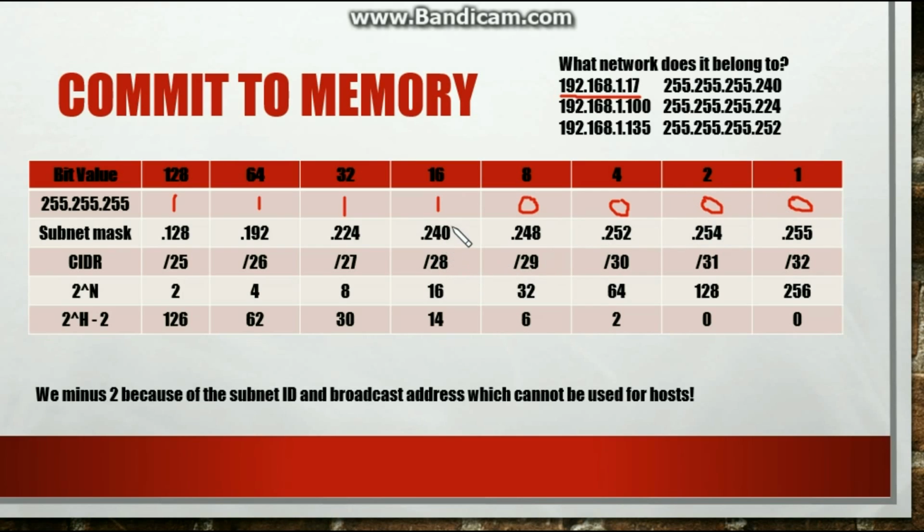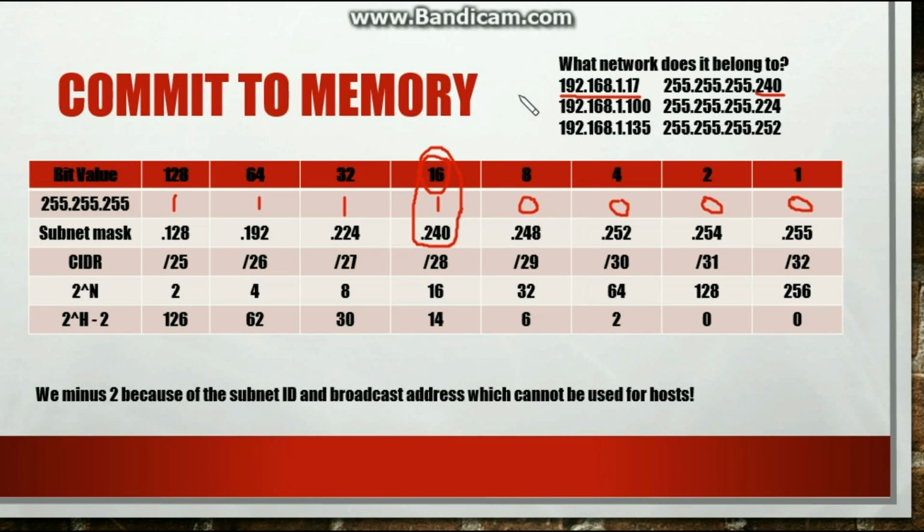So where we stop borrowing host bits are represented with zeros. Networking or subnetting bits are represented with ones. So we actually stopped right here because this subnet mask told us to. So we borrowed 4 bits, and our rotator, or our rotation of subnets, is 16 IP addresses.